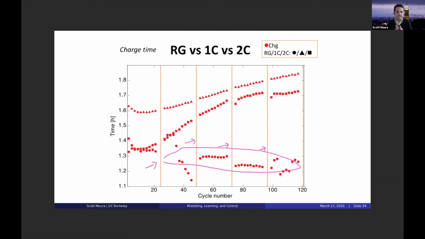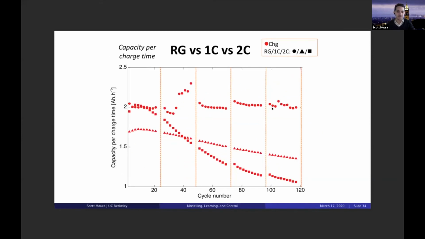So it seems that we're charging faster, and the capacity is fading at something that's commensurate to 1C CCCV. And in fact, you can take the ratio of these two things, and that's what's on this plot, which basically shows the average current, the capacity per charge time, basically how much current that you're pushing through the battery. And you can see that the reference governor is in fact doing better than these CCCV methods.